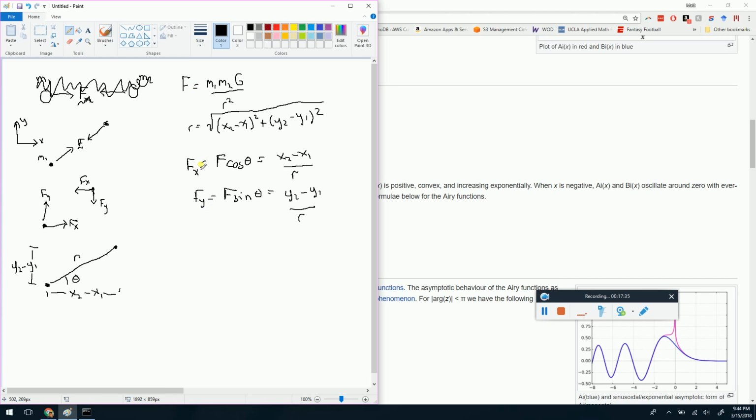Alright, so we've got the forces in the x and the y directions acting on our two masses. Now what does that give us? Well, the sum of the forces is mass times acceleration.